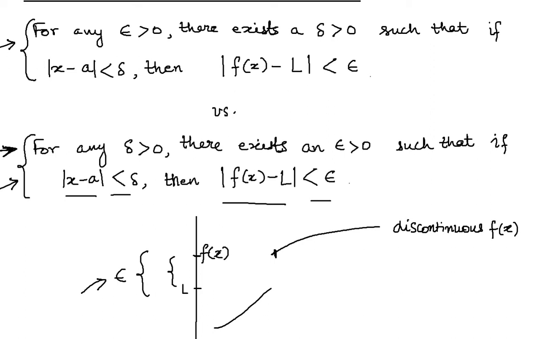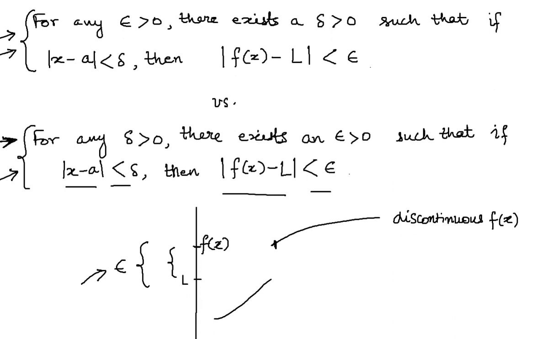So if I look at this definition, it starts with the epsilon. For any epsilon, that means I could take my epsilon very small also, right? Smaller than this gap here. So what if I take a small epsilon there?